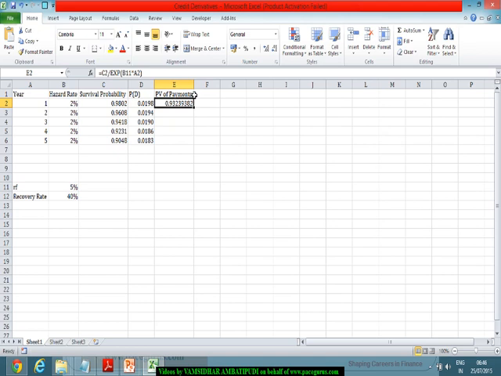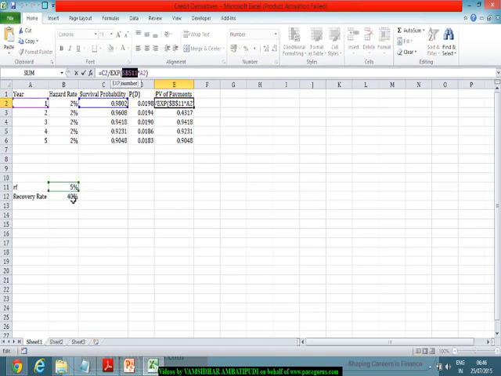So 0.9324 S is the number that we are talking of. Similarly, I can carry on. So I end up with this being the present values of all the payments. So in a way, I'm talking about C2 by e to the power of RT.